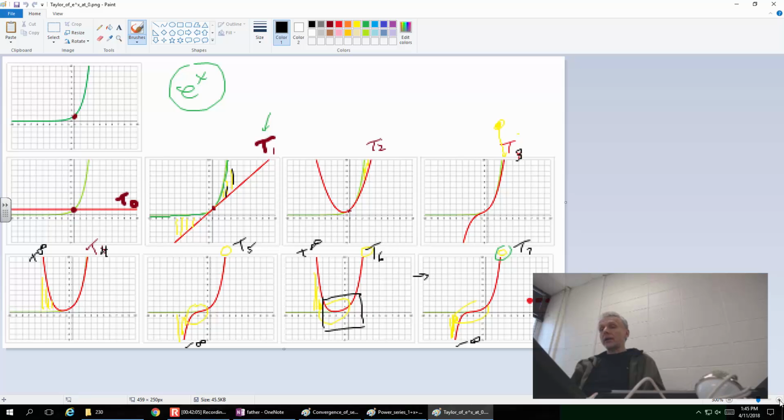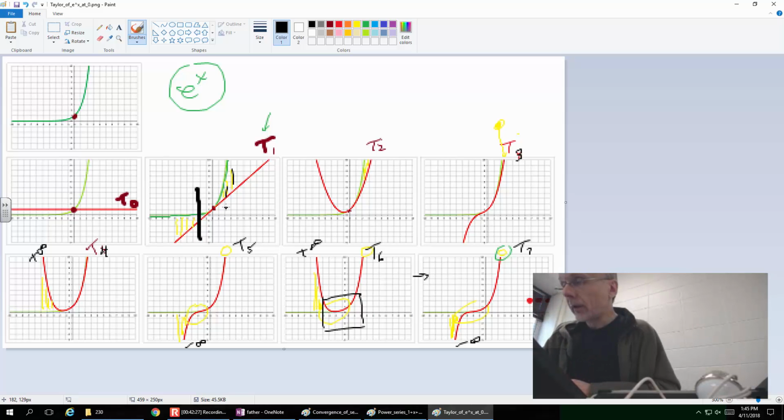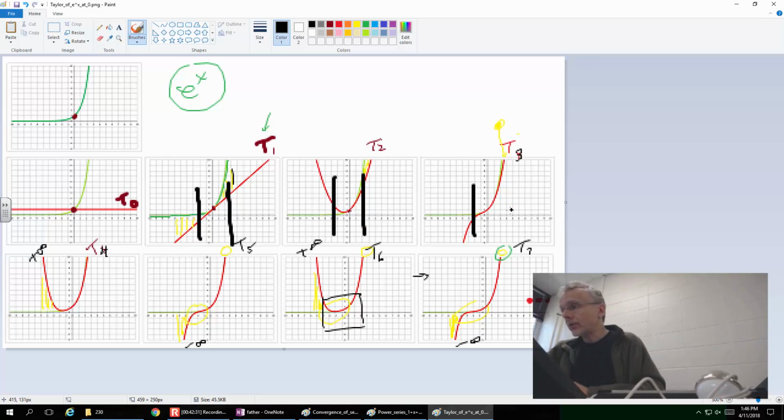And there is no blip that would keep these two functions apart. They really start to approximate in a kind of literal sense. They're becoming indistinguishable. If we limit our attention to an interval around 0, maybe like this, then the match of these two functions is getting better and better.